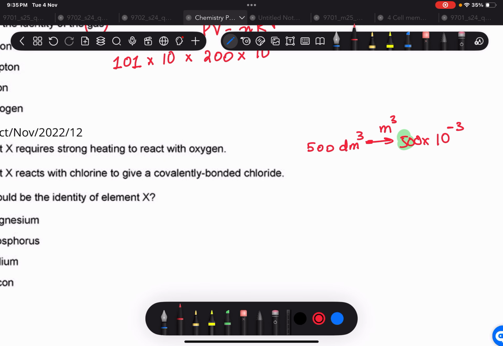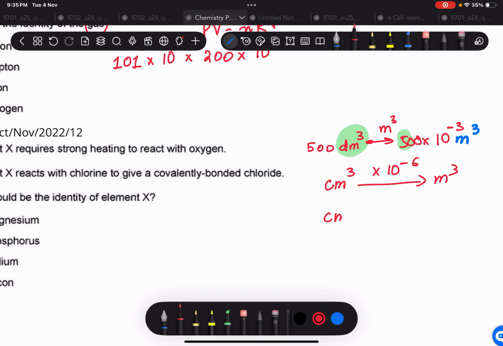To convert dm cube into meter cube, you multiply by 10 raised to power negative 3. And to convert cm cube into meter cube, you multiply by 10 raised to power negative 6. Okay?